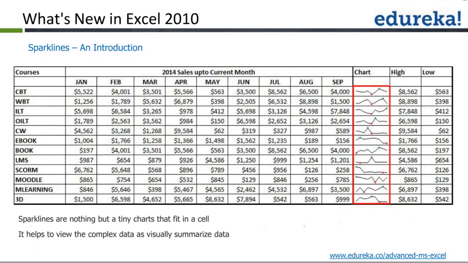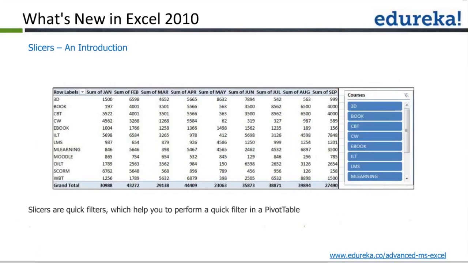In that case, we would like to show the graphs or the charts in your Excel sheet itself. So in all those scenarios, Sparklines is a very good feature to handle that. We will do this in detail, and we will show you how to do it in a very easy and very comfortable way.